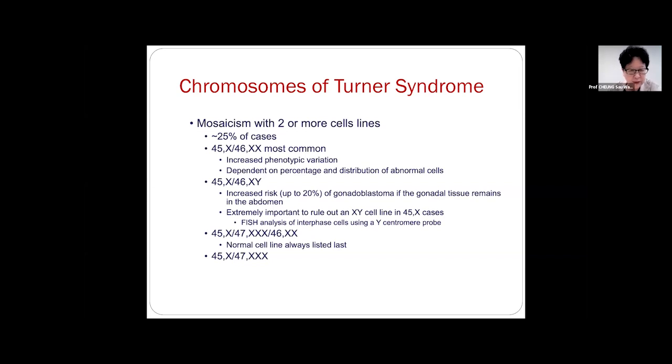And then you also had 3 cell lines, and you also had 45X, 47XXX. All this we lump it as a Turner syndrome.